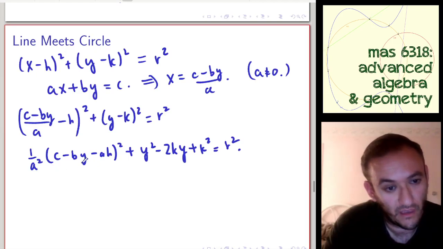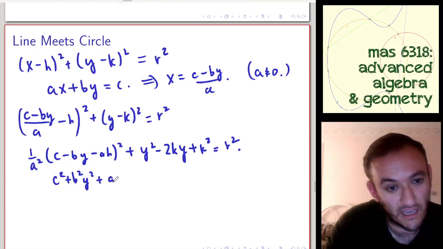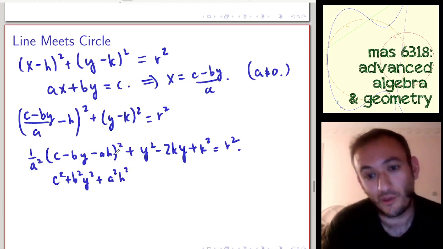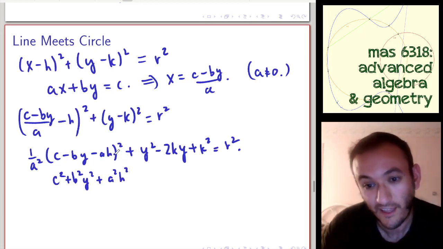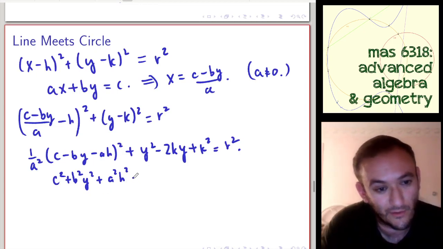Okay. And now I'm going to expand this square. So we have c squared plus b squared y squared plus a squared h squared, minus 2bcy minus 2ach plus 2abhy. These things get a little tedious. Maybe if you know how to use symbolic algebra software, this is your time to do it. But let's go ahead and do it for real.